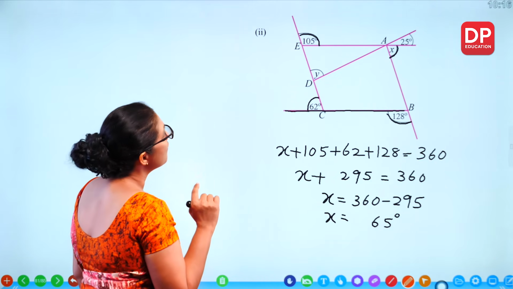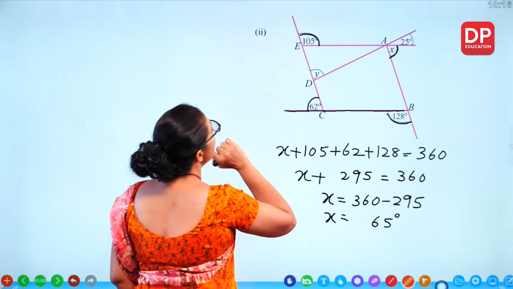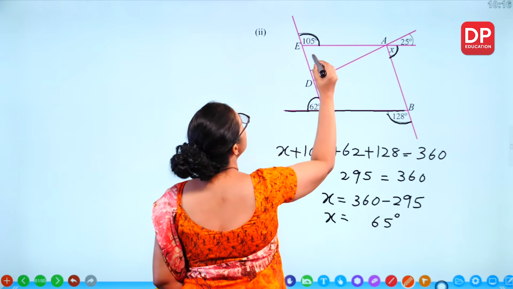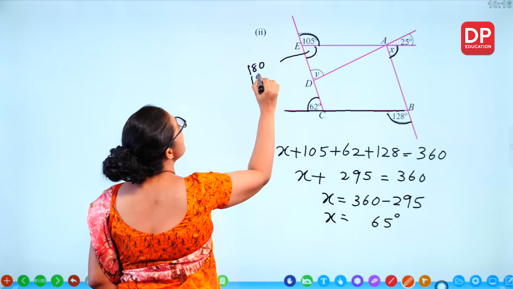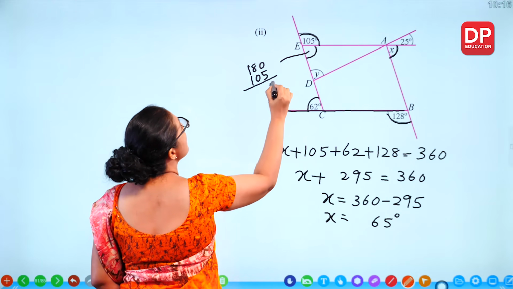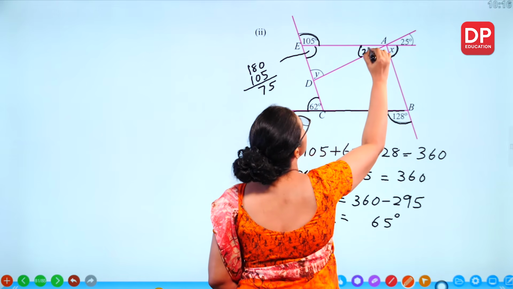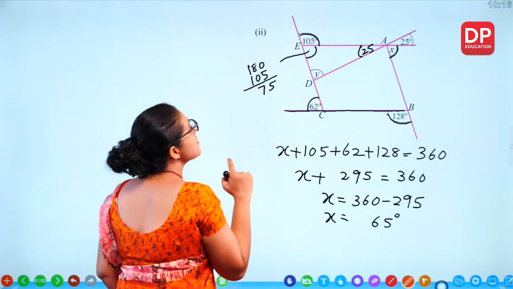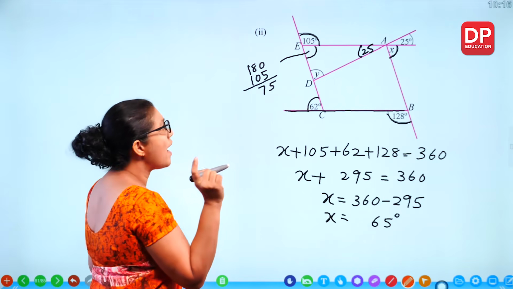So what's the y value now? We found x is 65. Now look at this triangle. What is this angle? 180 minus 105. So you get 75 degrees. And this is 25. Opposite interior angles are equal. Now you can use the angle sum of a triangle.